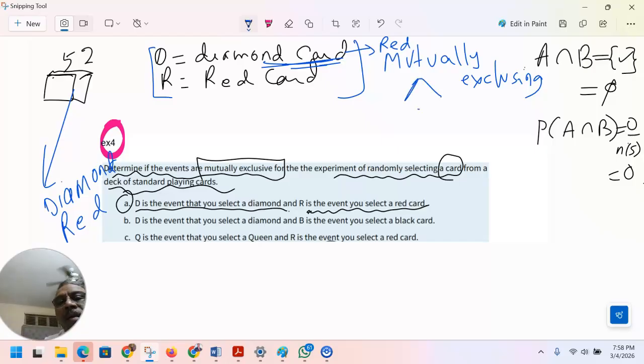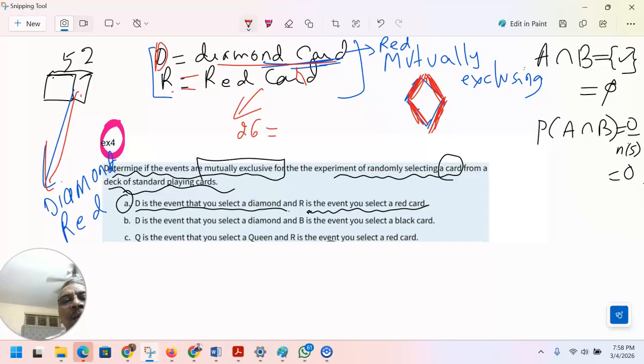So what is a diamond? It is this one. So this one is a red card, and this is a diamond card. So these two events: D, when you pick a card, it's going to be a diamond card. Of course, there are 13 of them. And the second one, it is a red card. If you count the red cards, there are 26 of them.